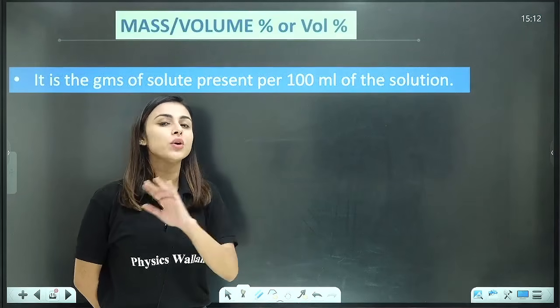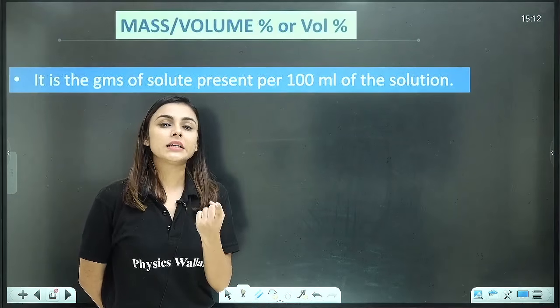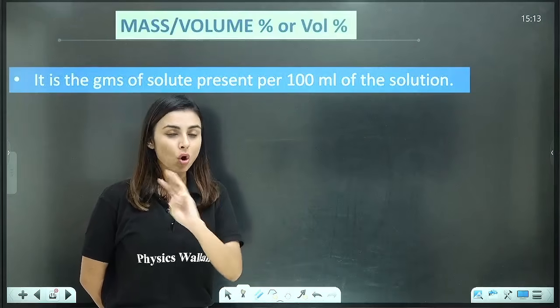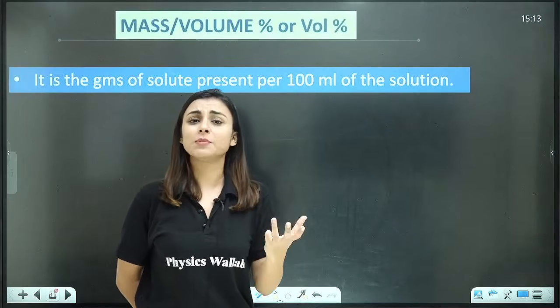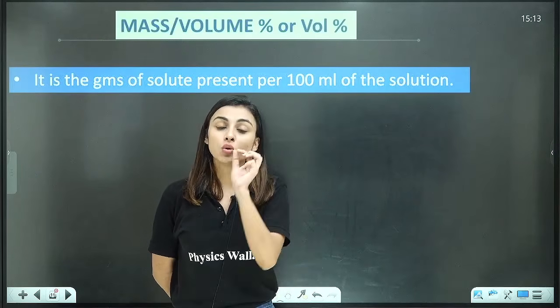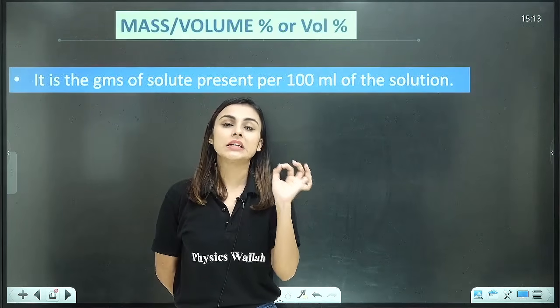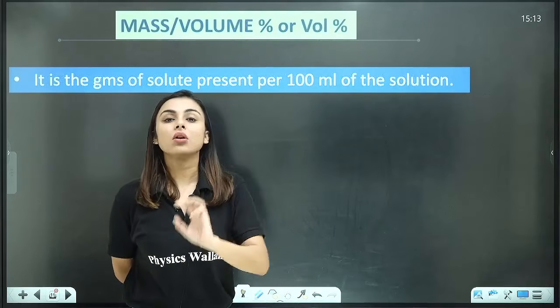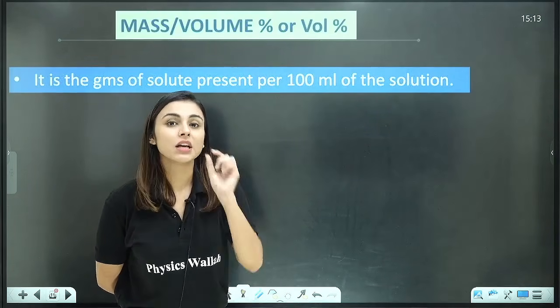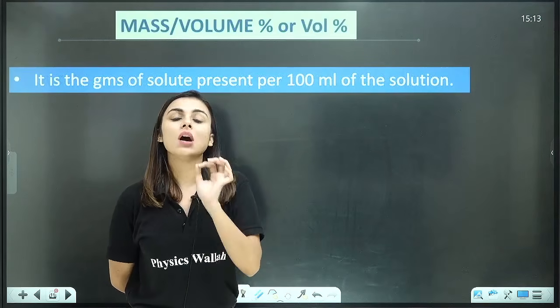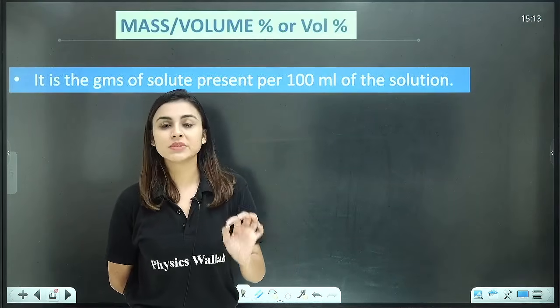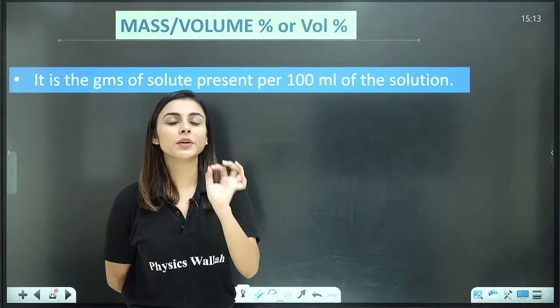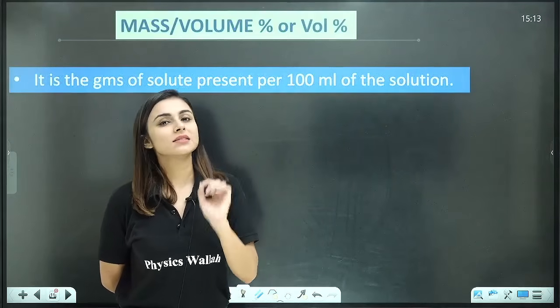So we are going to discuss all three, and you just need to understand that in all these, you always take the mass in grams. Whenever you are talking about the percentage part, you are going to take the mass in grams and the volume in milliliters. This is the most important part.